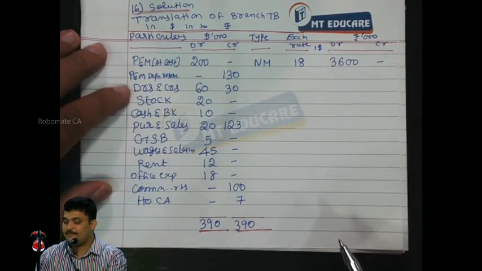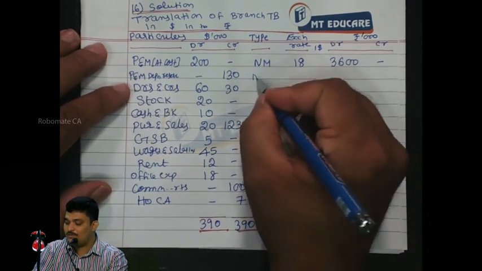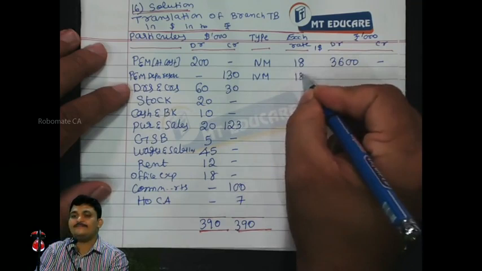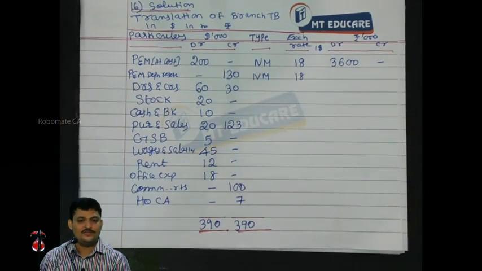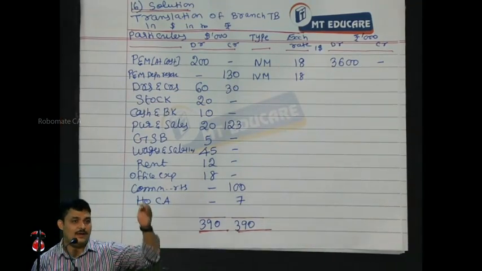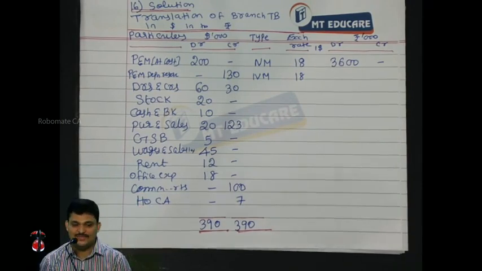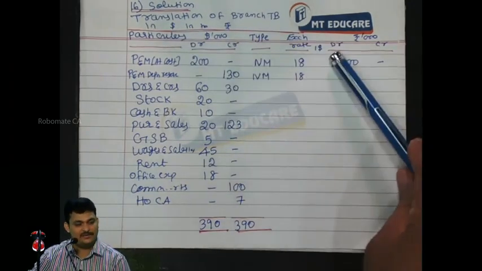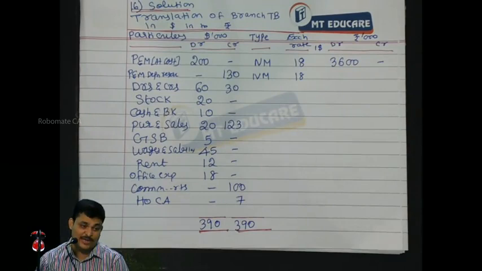Plant and machinery depreciation reserve is also at the same rate of 18, because that is nothing but the amortized cost of the asset. Depreciation is the amortized cost of the asset. So the rate at which the asset is converted, the same rate can be used for accumulated depreciation.